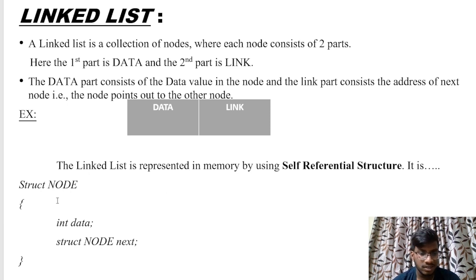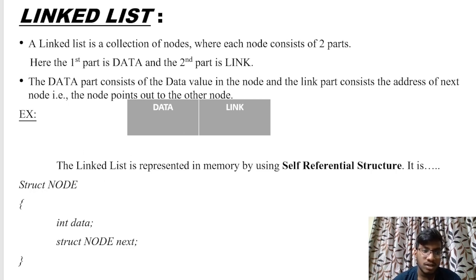A small example is struct node, opening the braces, int data and struct node *next. Here next is a structure pointer variable which stores the address of, and points again to, this structure node, and this is the representation of a self-referential structure. Most linked lists are represented in this type.